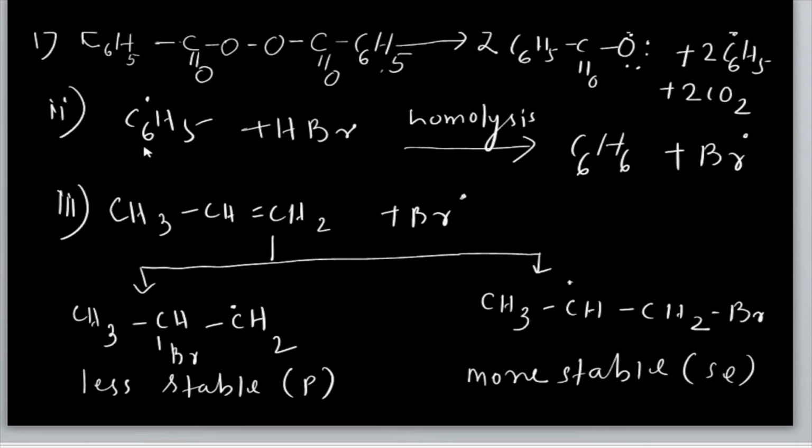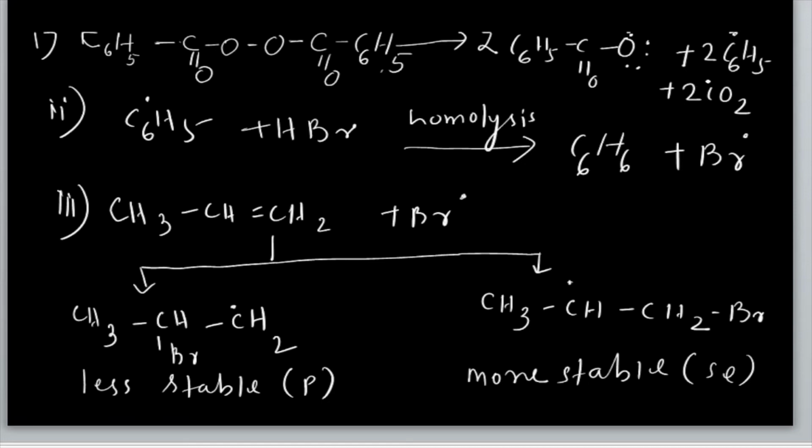Now in the first step, benzoyl peroxide undergoes homolysis. So what happened here? It will give 2 C6H5COO, and 2 C6H5 having a free radical, and 2 carbon dioxide.